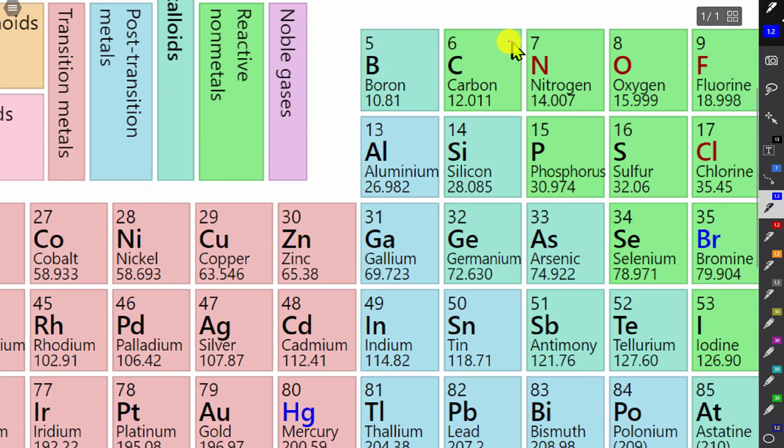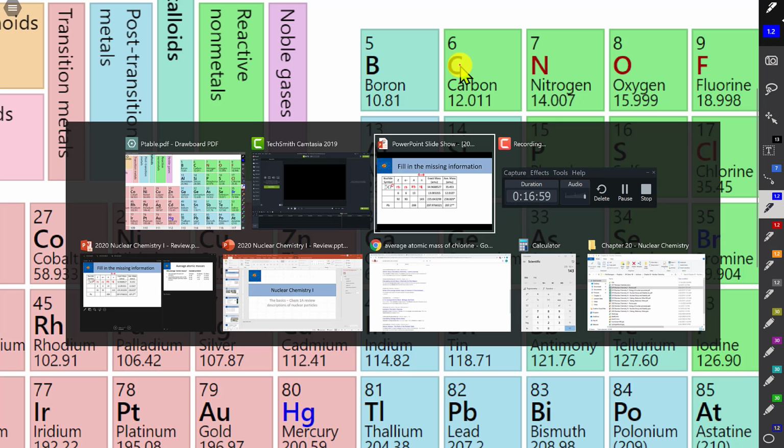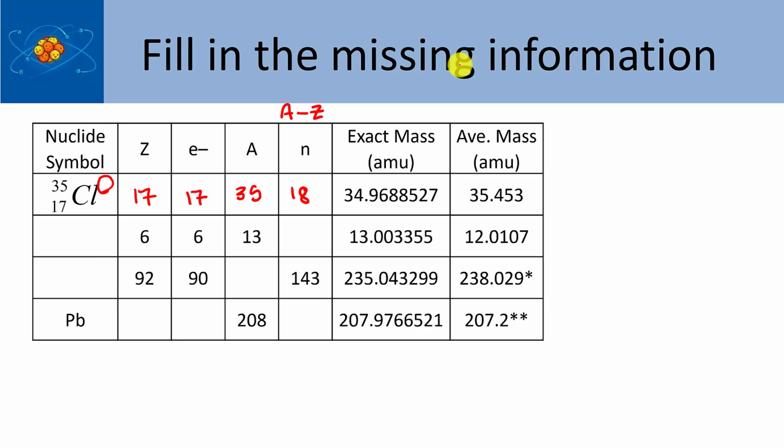Atomic number 6, thanks to Henry Moseley, is carbon. Then it's got a mass number of 13, so that just goes up here. Now, the number of neutrons, which was left off of this line, would be 7. And then I'll talk about these columns in a second. What element is this?